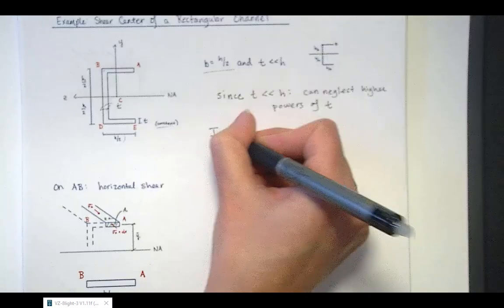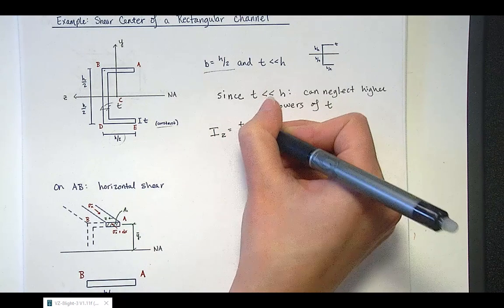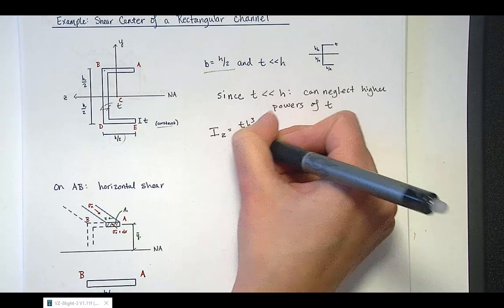So we can calculate the moment of inertia about z. From the vertical segment we have t h cubed over 12.